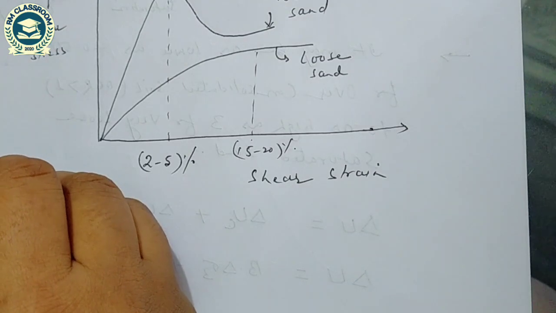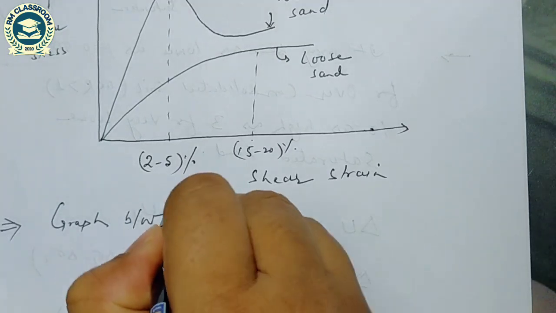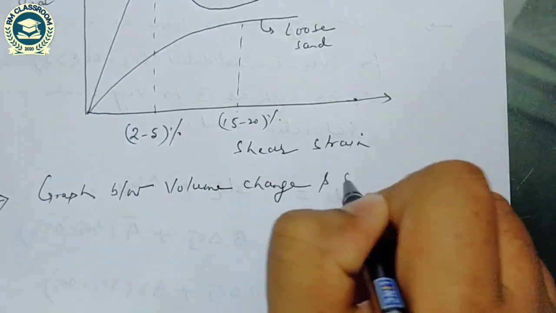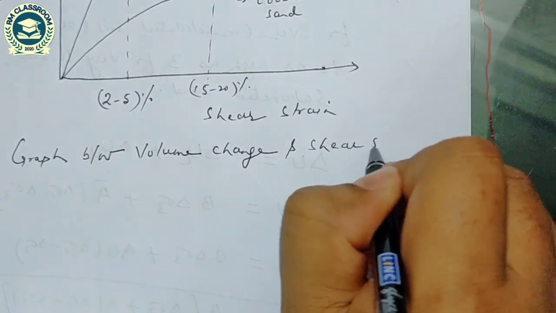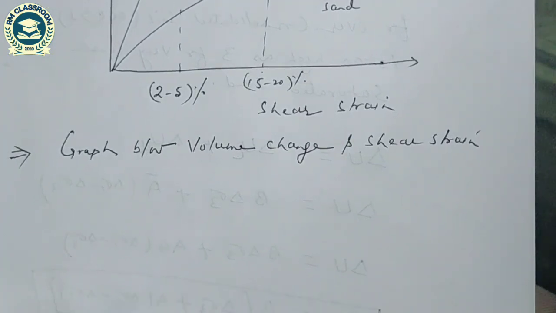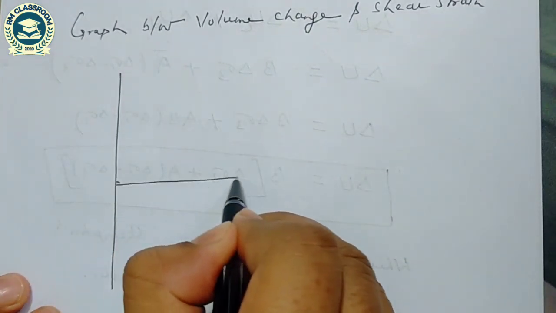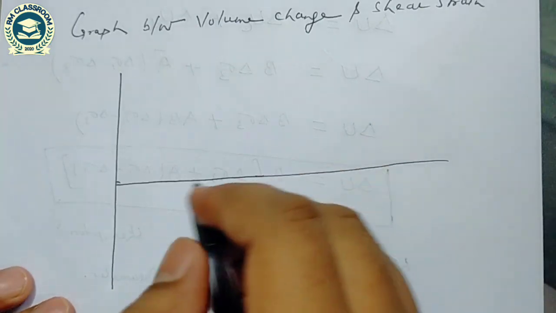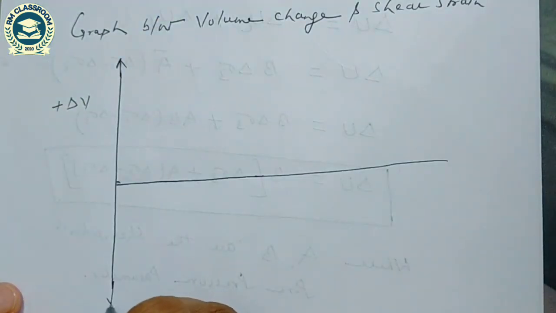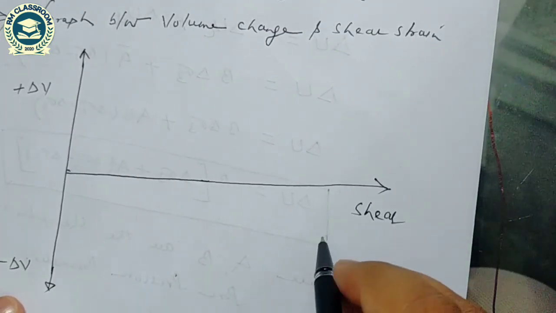Similarly, if I draw the graph between volume change and shear strain, for dense sand and loose sand, this is the positive change in volume and this is the negative change in volume, and this axis is the shear strain.